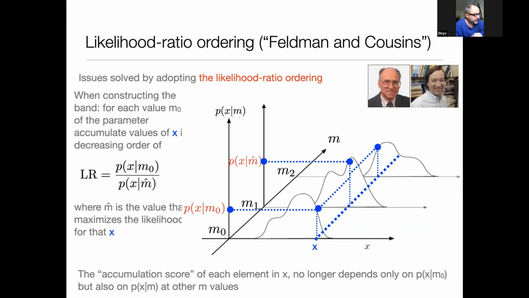So for each true value of the physics parameter, in this case M0, for instance, you accumulate data to construct your green band in decreasing order of the value of your likelihood at M0 divided by the value of your likelihood at its maximum.